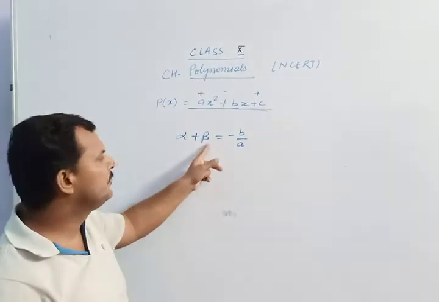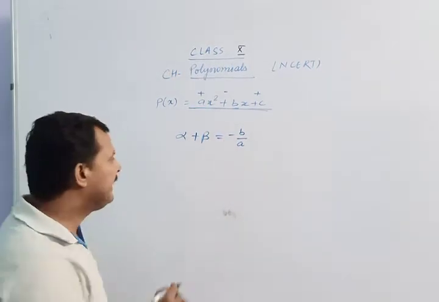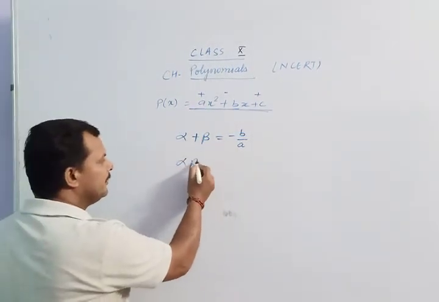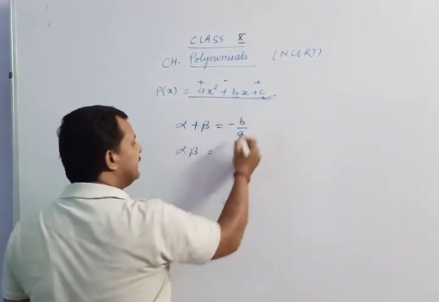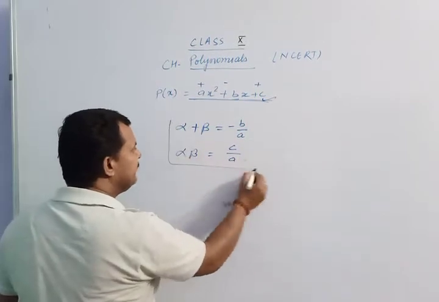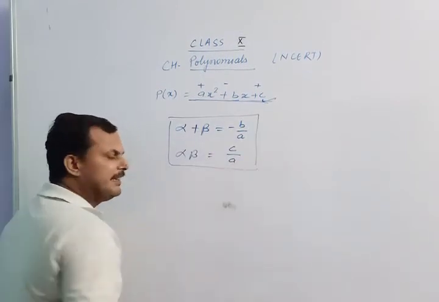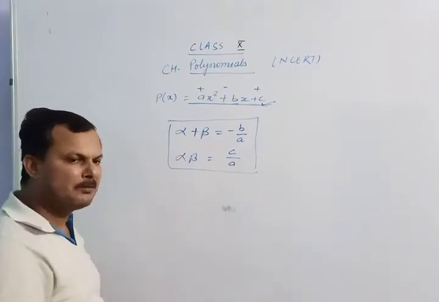So the sum of zeros, alpha plus beta, is equal to minus b by a, and the product of zeros, alpha into beta, is equal to the constant term c upon a. These are the relations between zeros and coefficients of a quadratic polynomial. And one more formula.